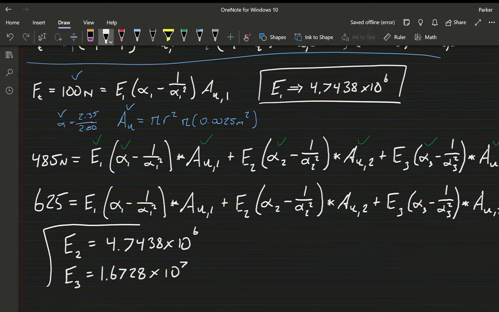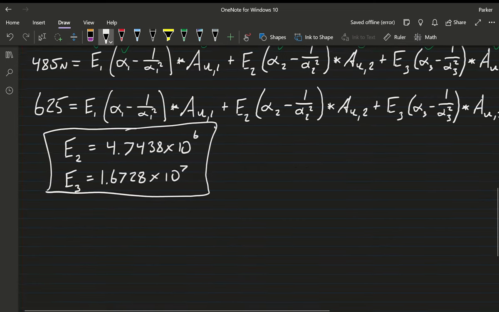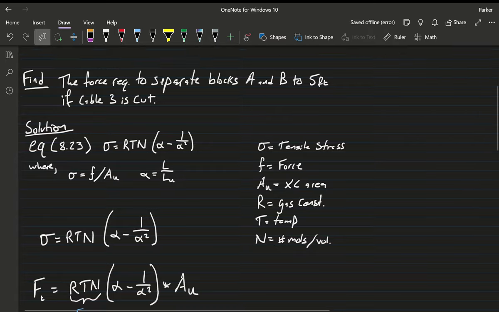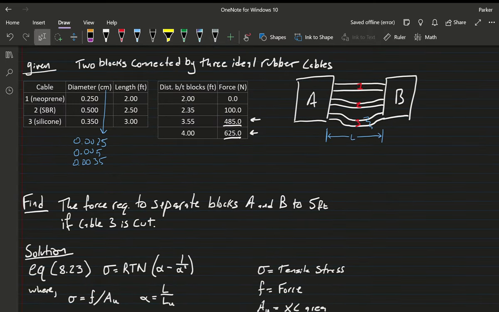Now, using these three E's, we can plug them back into our equation for force, because remember the original statement was to find the force required to separate blocks A and B to 5 feet when cable 3 is cut.